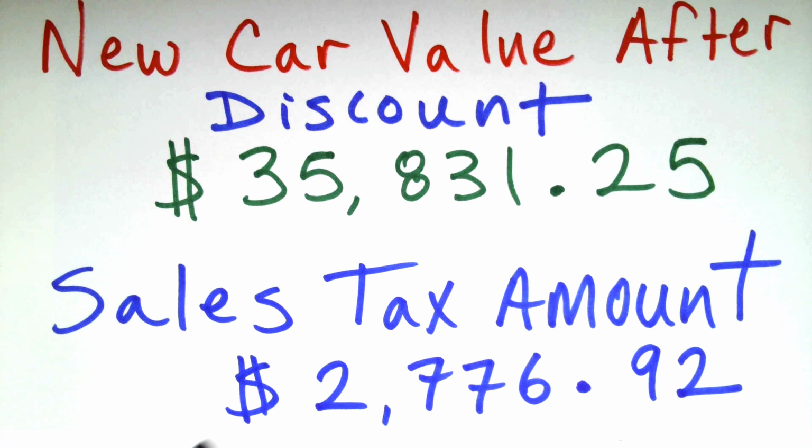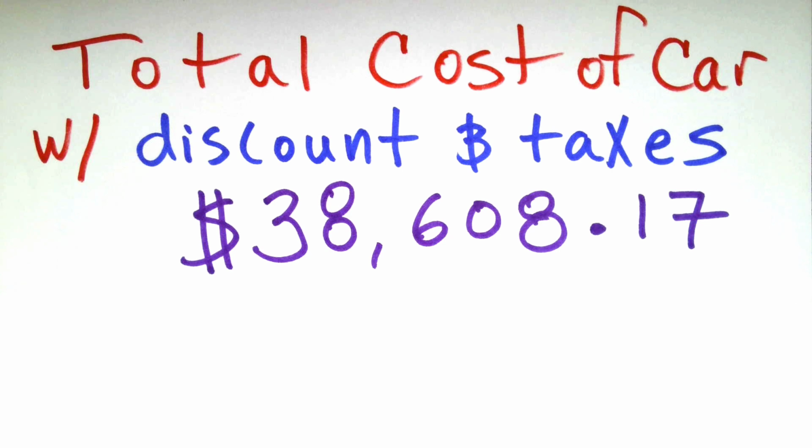The sales tax amount was $2,776.92. All right, and finally, the total cost of the car with the discount and the taxes included $38,608.17. Listen, this is a real world type of problem that you'll be doing most all of your life.